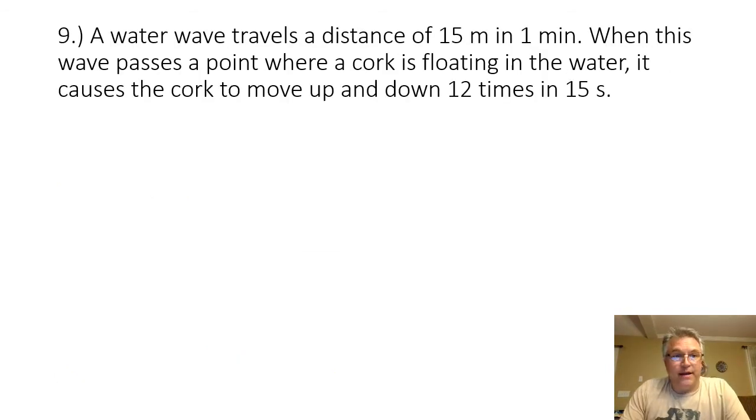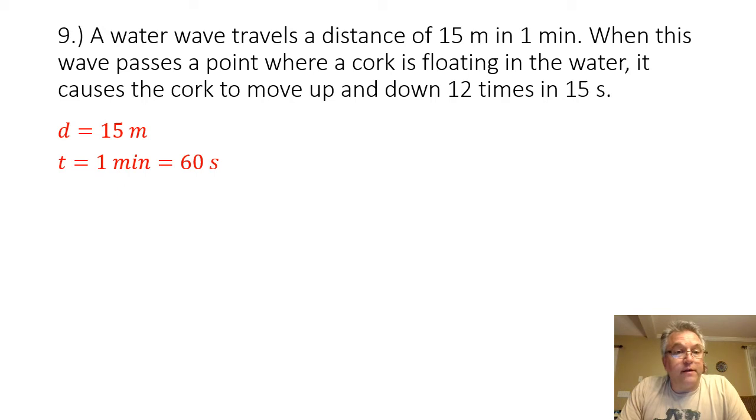Problem 9. A water wave travels a distance of 15 meters in 1 minute. When this wave passes a point where a cork is floating in the water, it causes the cork to move up and down 12 times in 15 seconds. In this problem, we are given the distance the wave travels, which is 15 meters. The time it takes to travel that 15 meters is 1 minute or 60 seconds.